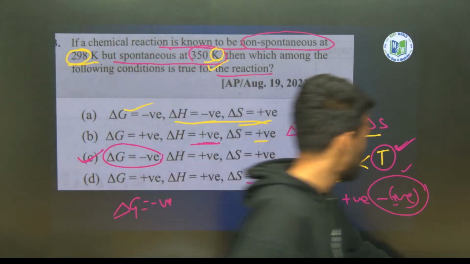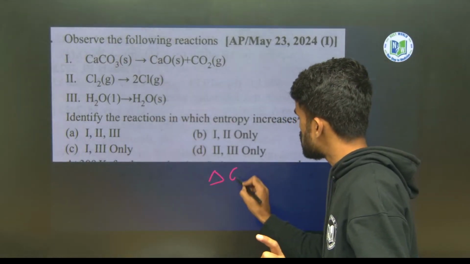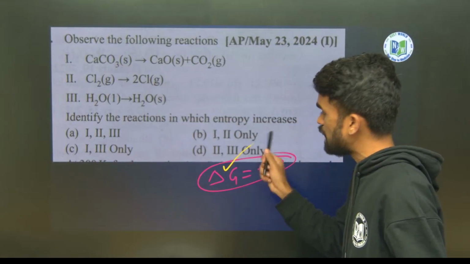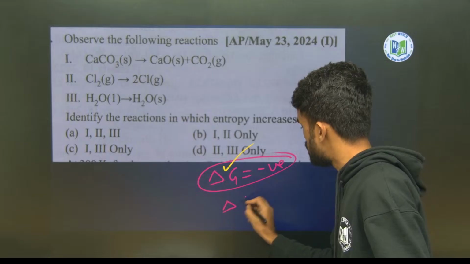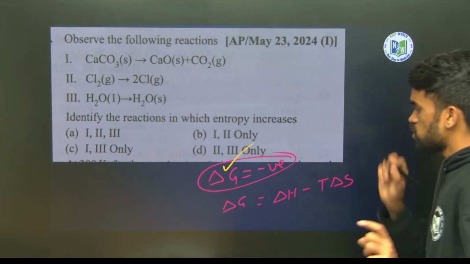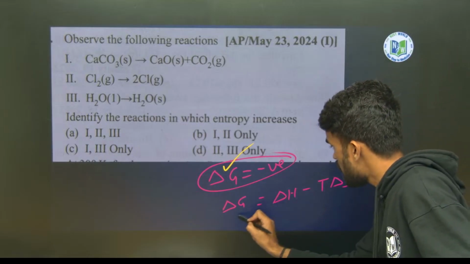Yeah, let us move forward. So what are the favorable conditions? Delta G is always negative for a spontaneous process. In order to make delta G negative, you need to look at delta H and T delta S, okay. In order to make the reaction spontaneous at all temperatures, this has to be negative.